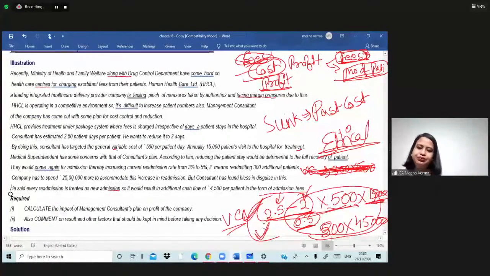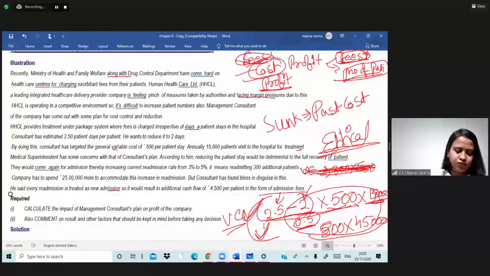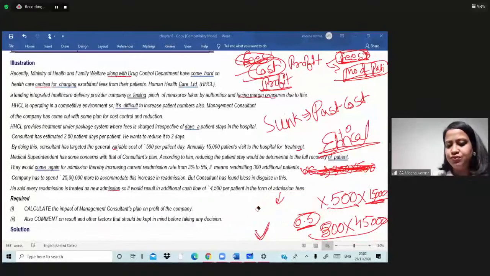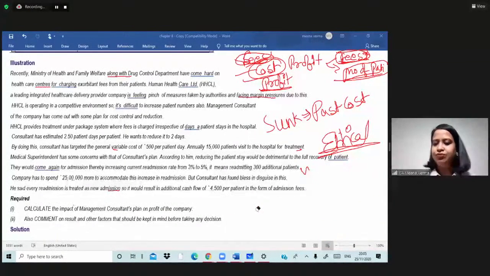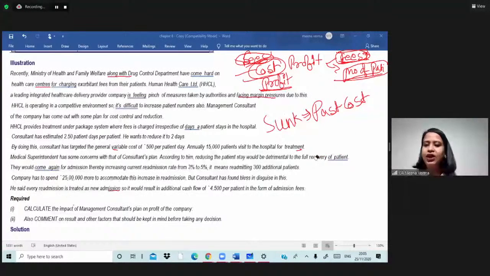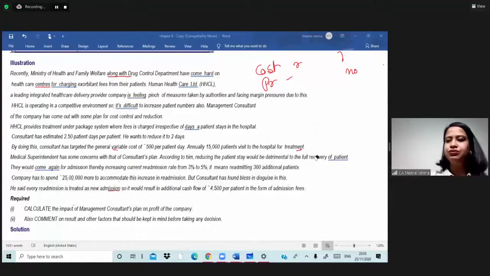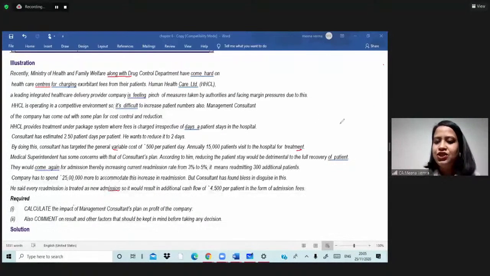Okay, see. Financially, it is beneficial. Financially, this plan is good, because the organization is having benefit from this plan.